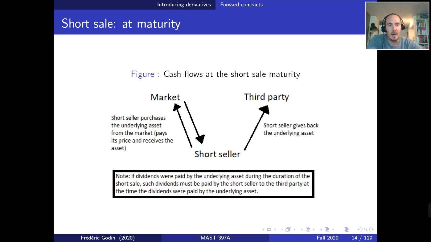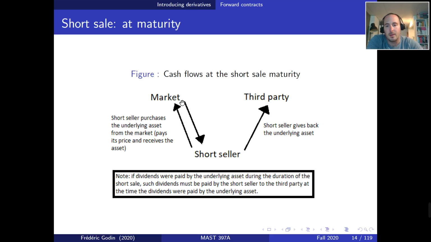But then at a maturity date in the future, here's what happens. The short seller, because he borrowed the share from a third party, must return the share to the third party in the future. So how does he do this? He first buys the share in the market from some other counterparty. So he goes to the market, buys the share.